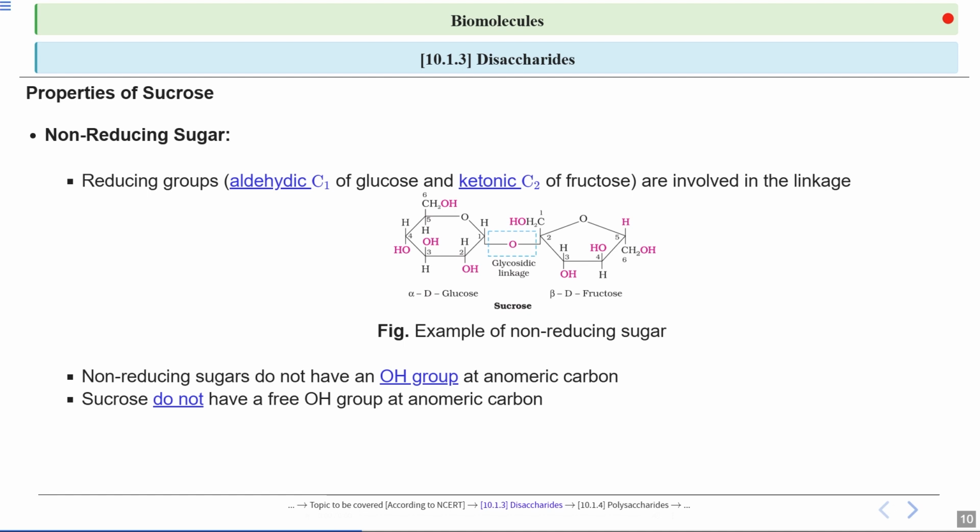So when you test sucrose with reagents like Benedict's or Fehling's solution, you won't see the color change that indicates a reducing sugar. So we can summarize that sucrose is a non-reducing sugar because its structure locks up the reactive group that would normally allow it to reduce other substances.